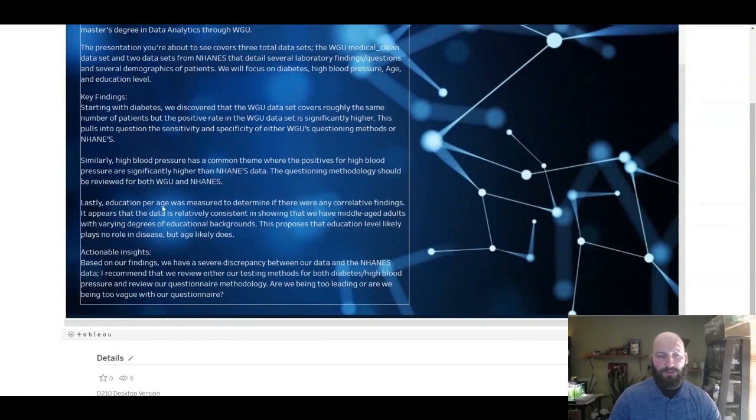Between the two data sets, there is a middle-age representation that we found in both the WGU data set and the National Health Institute's data set. So there could be a correlated relationship as far as value between the two data sets, at least with age. That is something of value, and I would advise that this metric may be valuable to utilize for analysis.